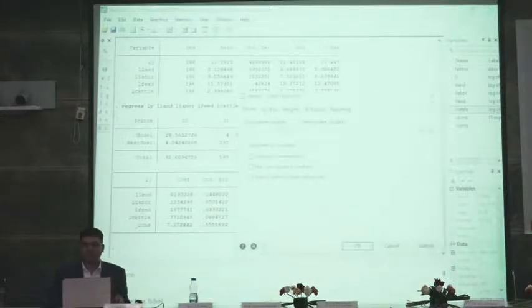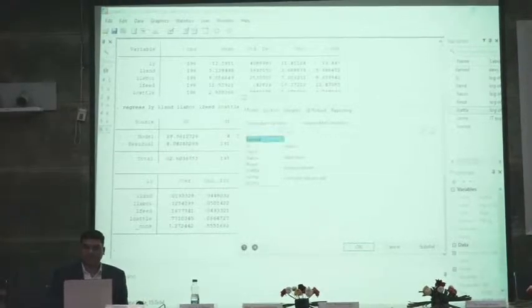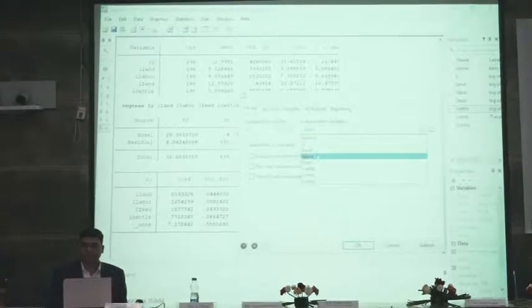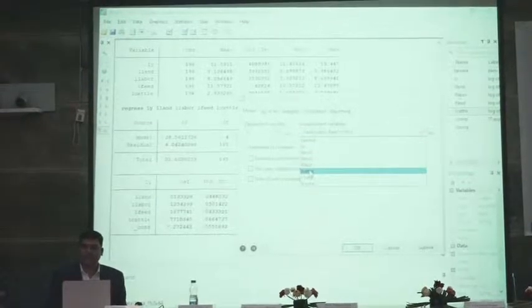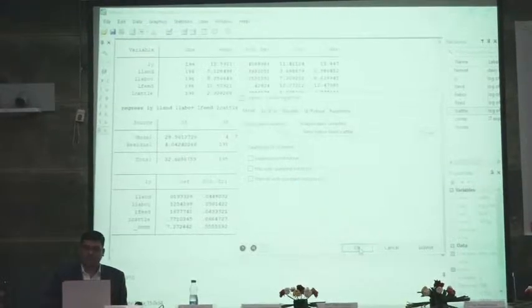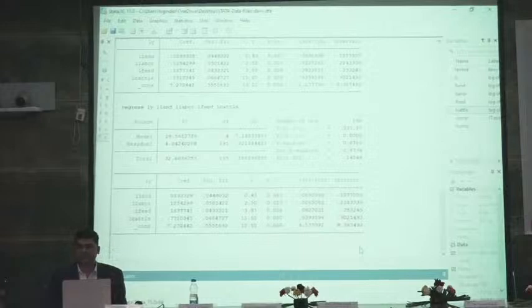Okay, and the first window is this arrow. Select your dependent variable, then the list of independent variables. Simply you can select the independent variables, and then click on OK. You will get the same result.